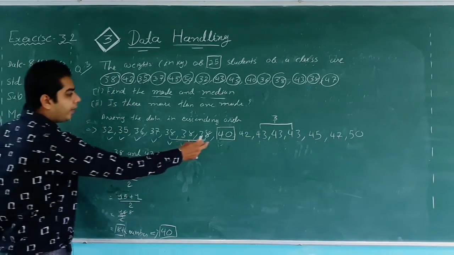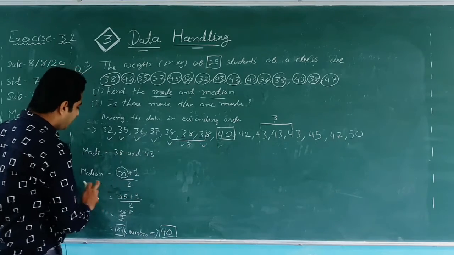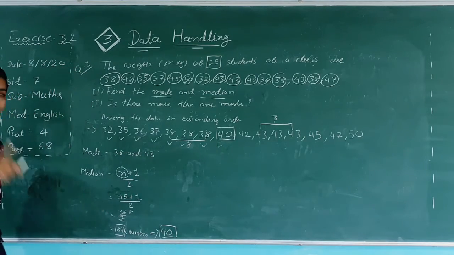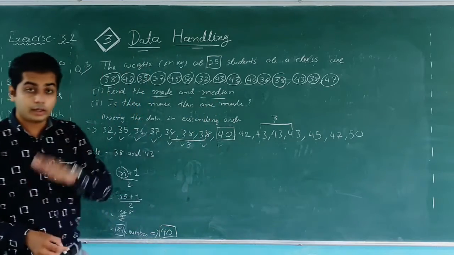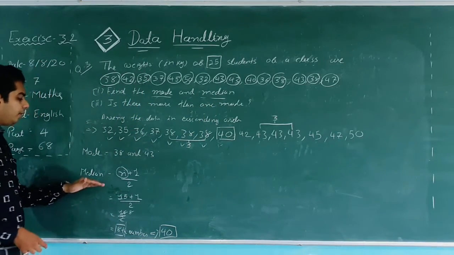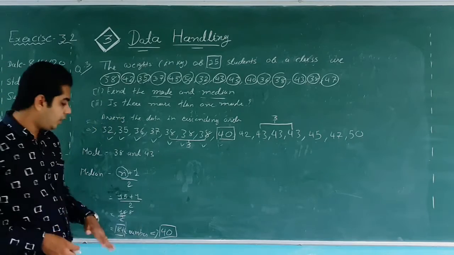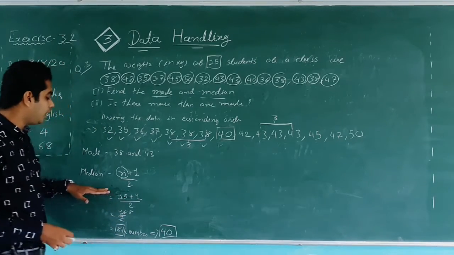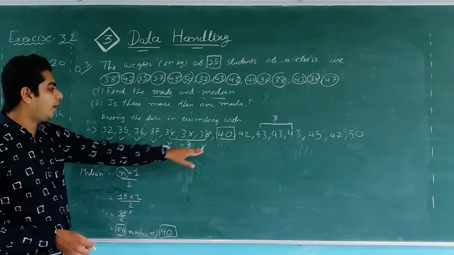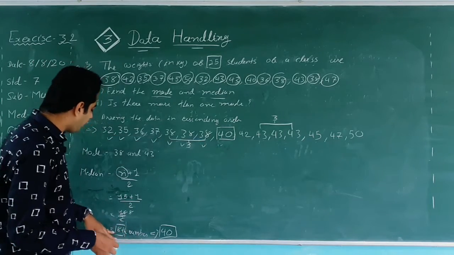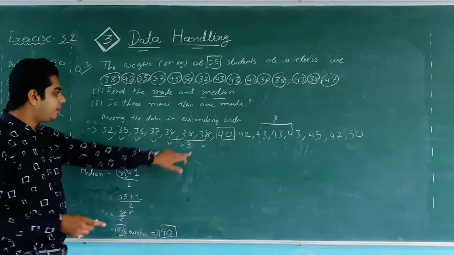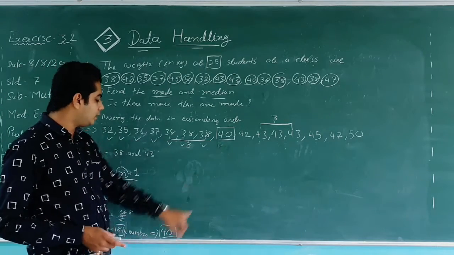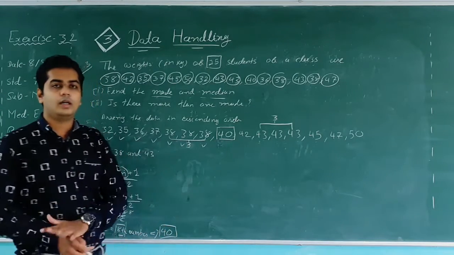So you can directly find out the median 40, or you can use this formula, but only when the data is given in odd number. So whenever the data is given in odd number, you can use this formula n plus 1 divided by 2. So you can directly find out which number of data is the median. So here the 8th data, which is 40, is the median of the data.